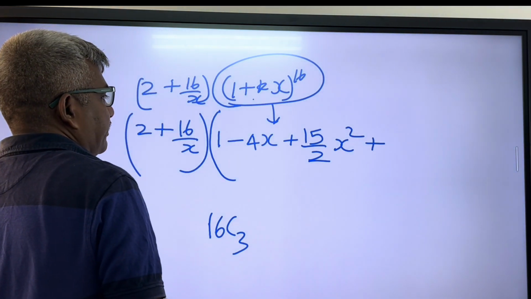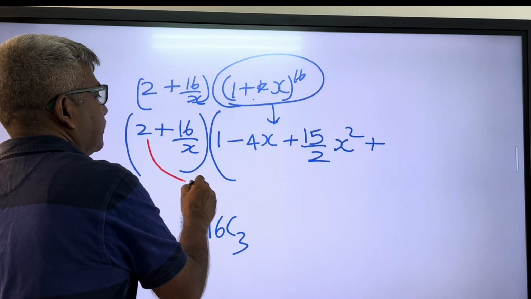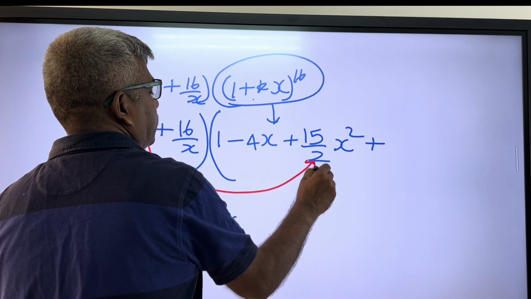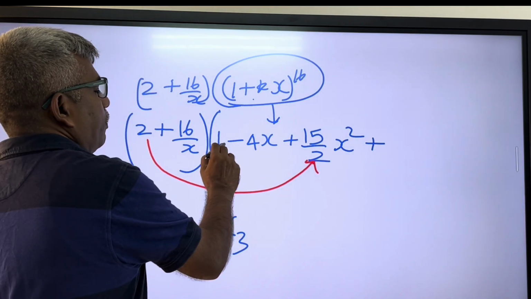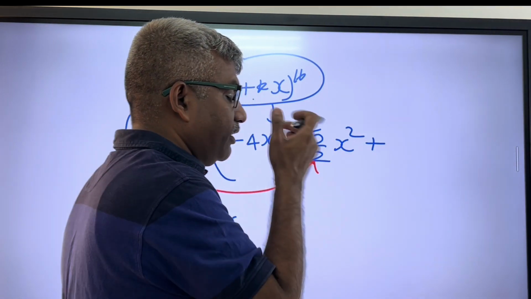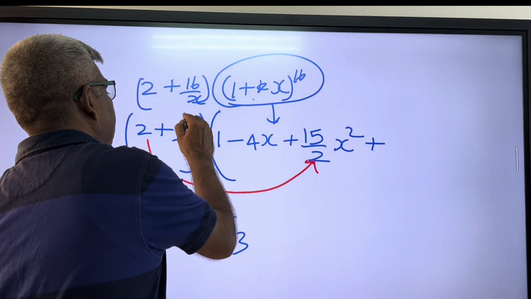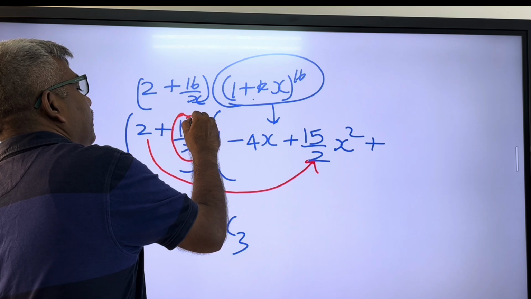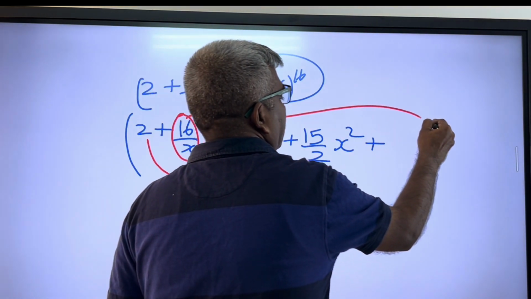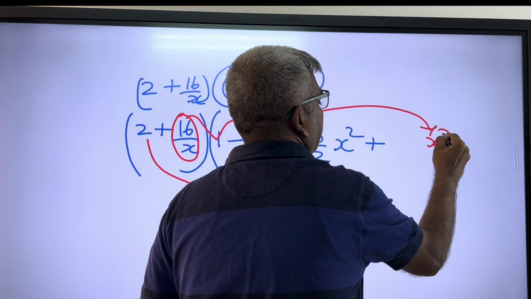This 2 has to be multiplied with this 1: 2 times 1. 2 times minus 4x is not required because those are not x squared terms. Then 16 over x, we want here anything in x cube.